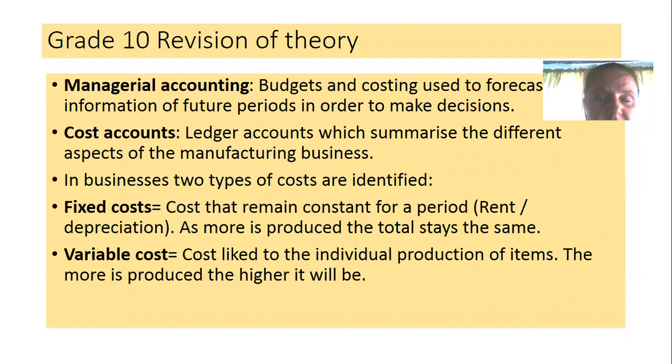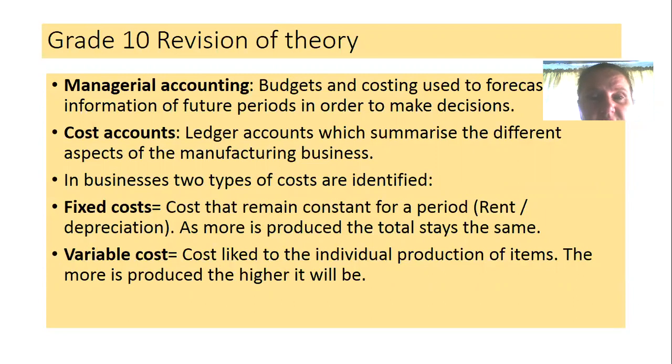When we did the manufacturing in grade 10, we looked at a couple of terms, and here are some of them. Managerial accounting has to do with those costs that I'm going to use to build my organization so that I can make better decisions in future. Budgets are periodic forecasting based on information that I currently have.